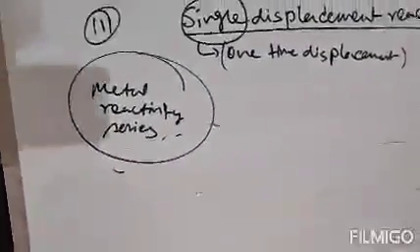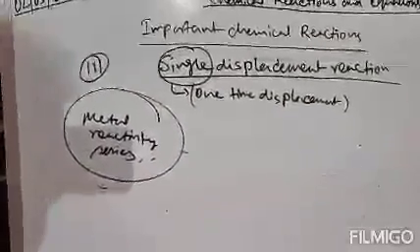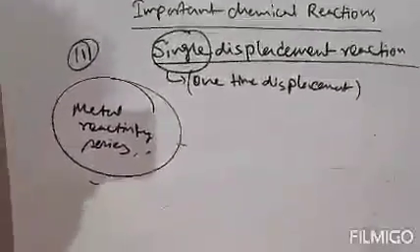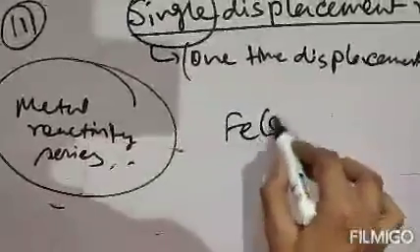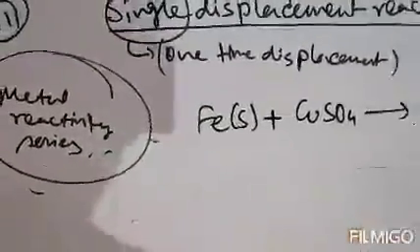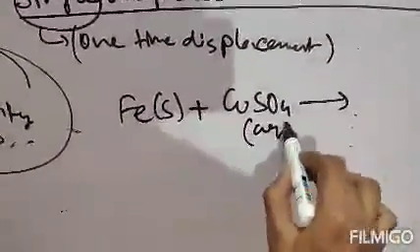Clear? Now the highly reactive metal will displace the less reactive metal. This is termed a single displacement reaction, that is, displacement takes place just one time. So an example: suppose iron, in solid form, reacts with copper sulfate, which is in aqueous form.